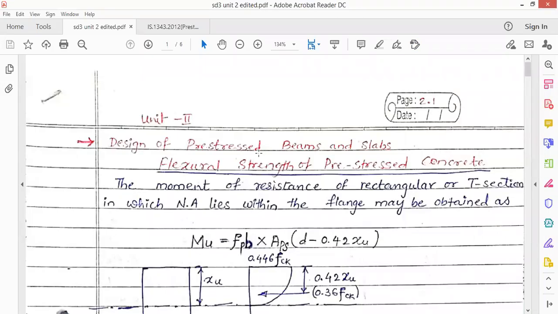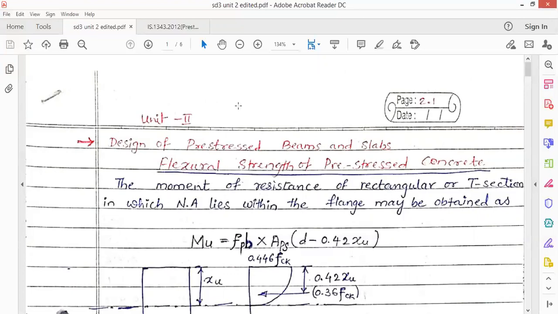Hello students. Today we will start with unit number 2. One of the topics, that is design of pre-stressed beams and slabs, is to be completed in unit number 2. For the design of pre-stressed beams or slabs, we first need to calculate the moment of resistance.